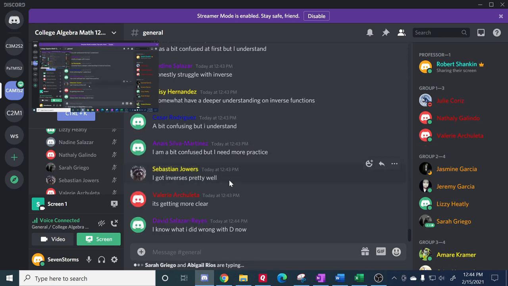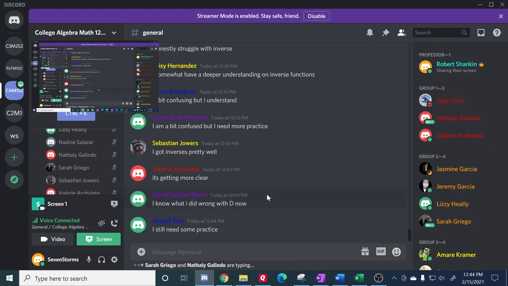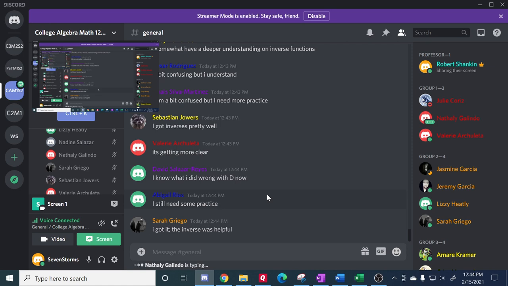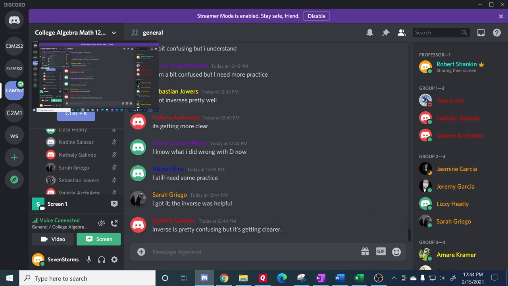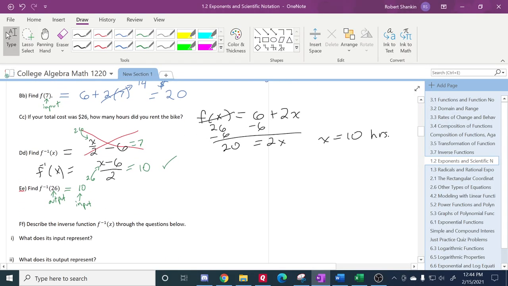Okay, a bit confused, a couple people getting a little clearer. We're going to go over these inverses a lot more. This is just kind of getting started with it.